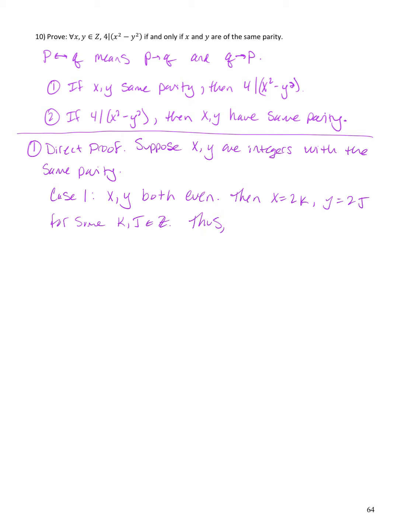Thus, x squared minus y squared would be (2k) squared minus (2j) squared. x squared is 4k squared, y squared is 4j squared, and that's 4k squared minus 4j squared, which is 4 times (k squared minus j squared), which is 4 times an integer.